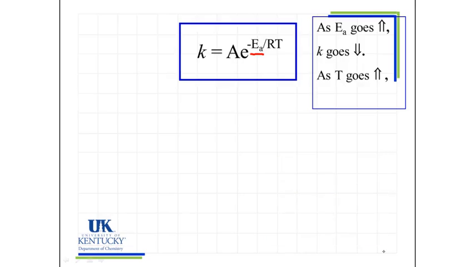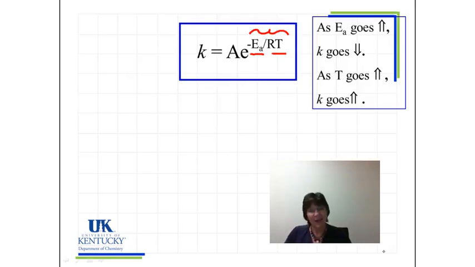All right, let's think about temperature's role. Now, where is temperature in this equation? Temperature is right here in the denominator. As temperature goes up, we are dividing by a larger and larger number. So it's going to decrease the size of this portion of the number. So it's to a smaller negative number. If it's to a smaller negative number, then K is going to become bigger and bigger.